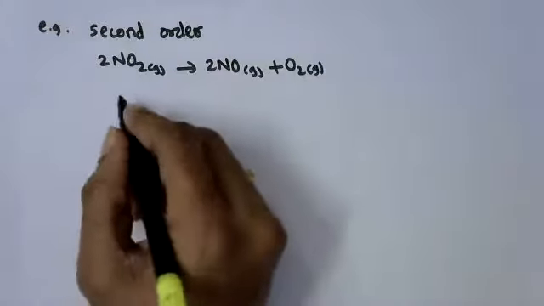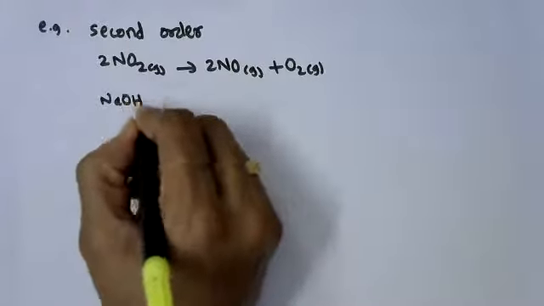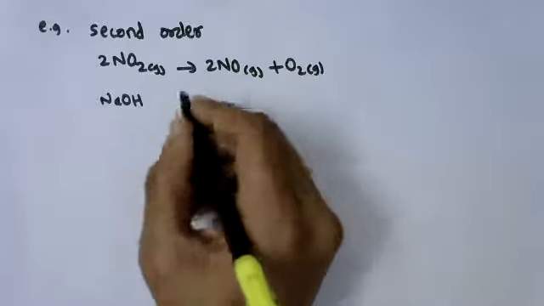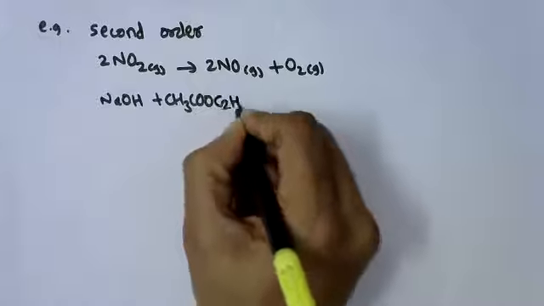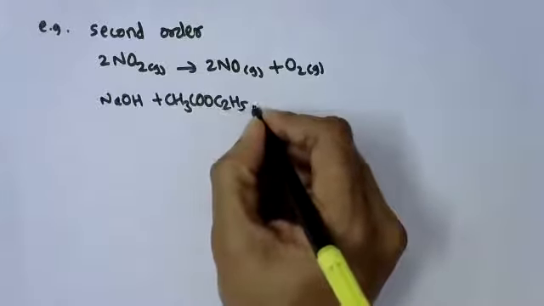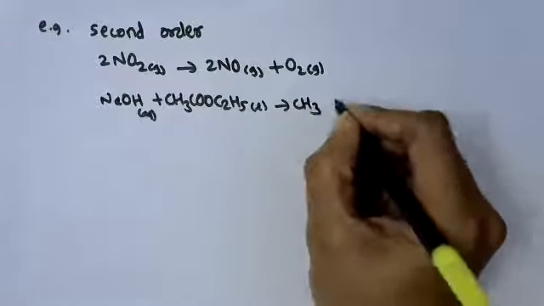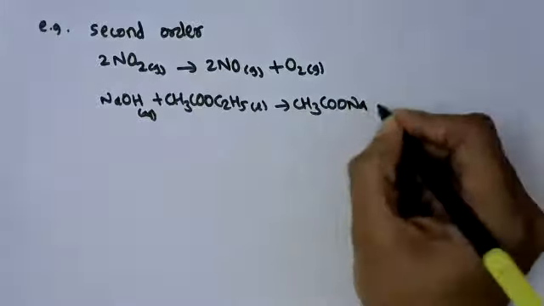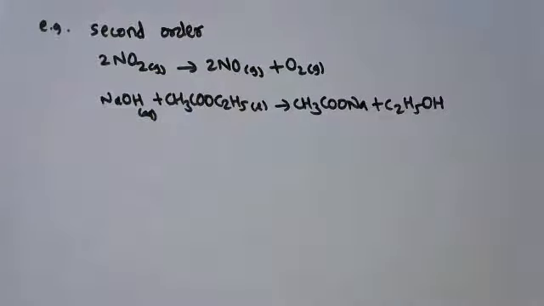Similarly, NaOH plus CH3COOC2H5, that is ethyl acetate, aqueous, gives you sodium acetate CH3COONa plus C2H5OH. So likewise, on the basis of order of reaction, the reactions are classified as zero order, first order, second order, third order.